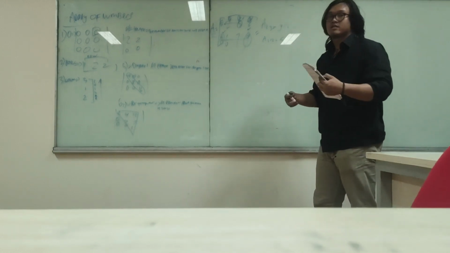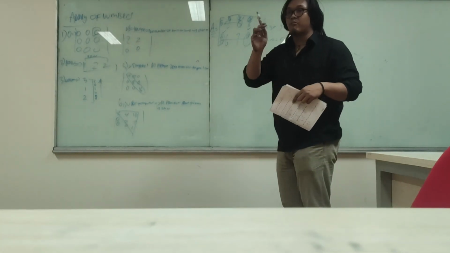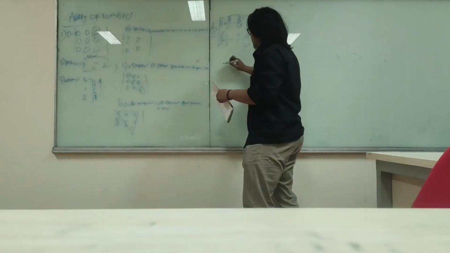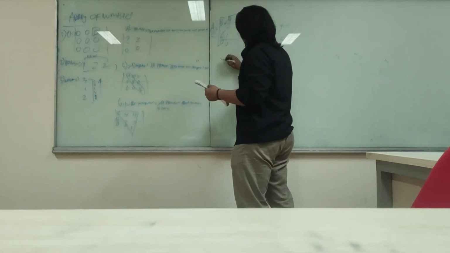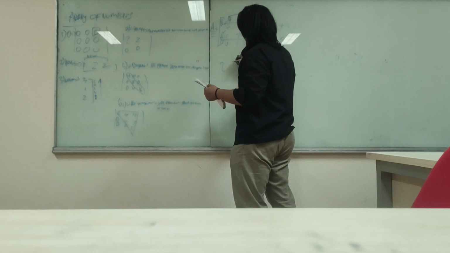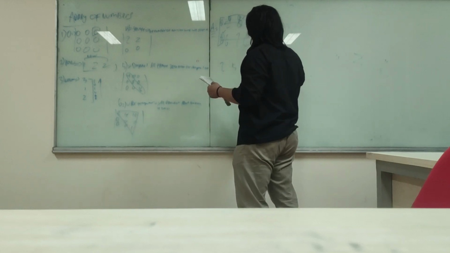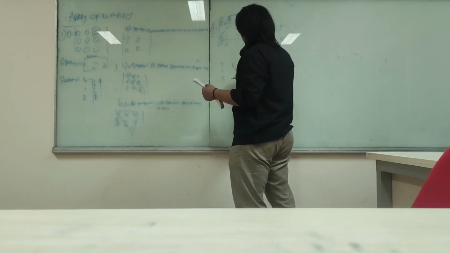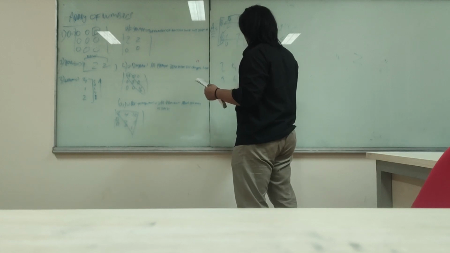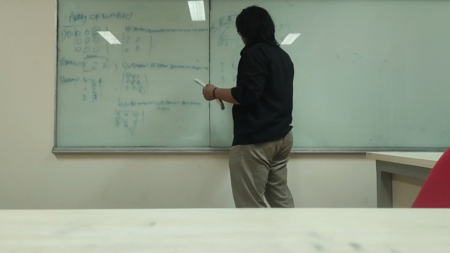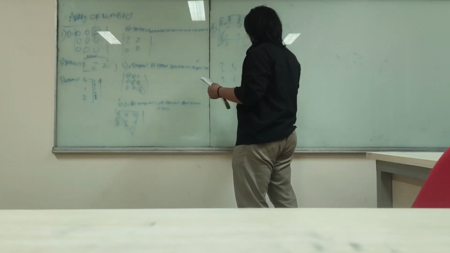We're going to step it up a notch. I'm going to do another test. This is more challenging actually. 2, 5, 6, 7, 5, 6, 9, 11, 12, 13, 14.